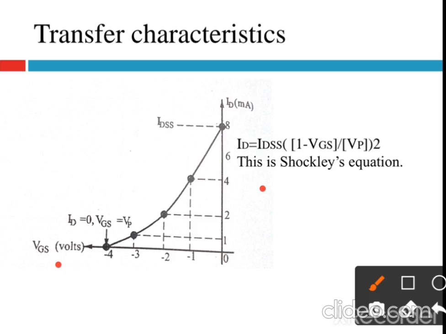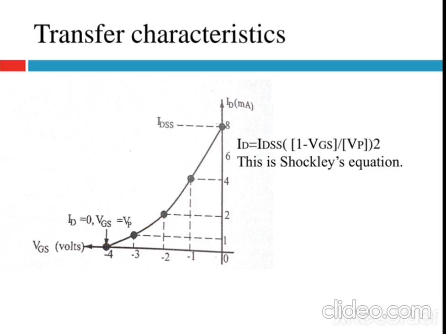In this characteristic we adjust VDS to some suitable value and increase VGS in small steps. After this, we note the corresponding values of drain current at each step.